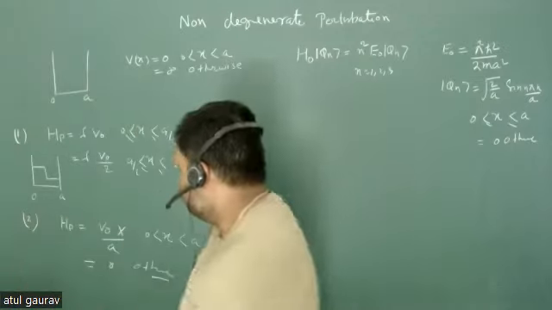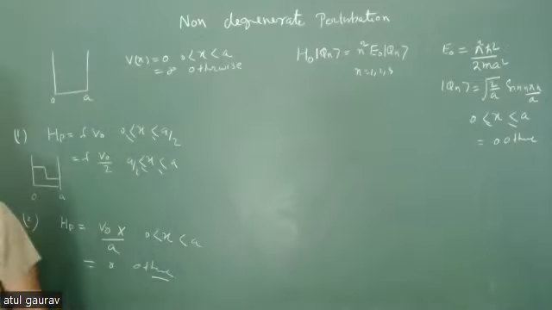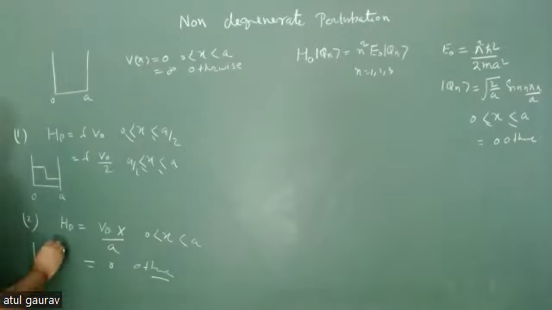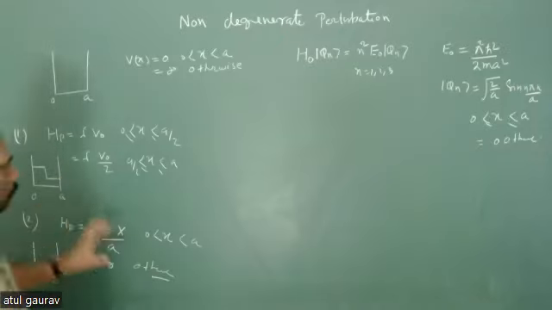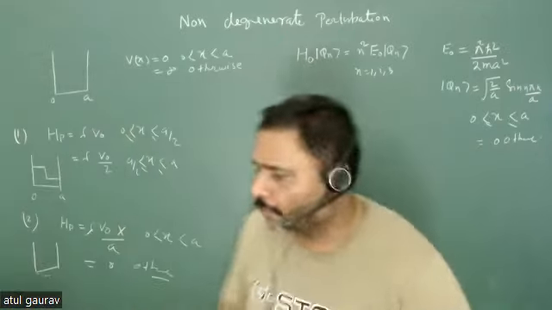Which type of perturbation is it? It is increasing, linearly increasing. So this is a disturbance, something disturbed, and lambda is some parameter which will be less than 1. You can also put lambda, don't worry.